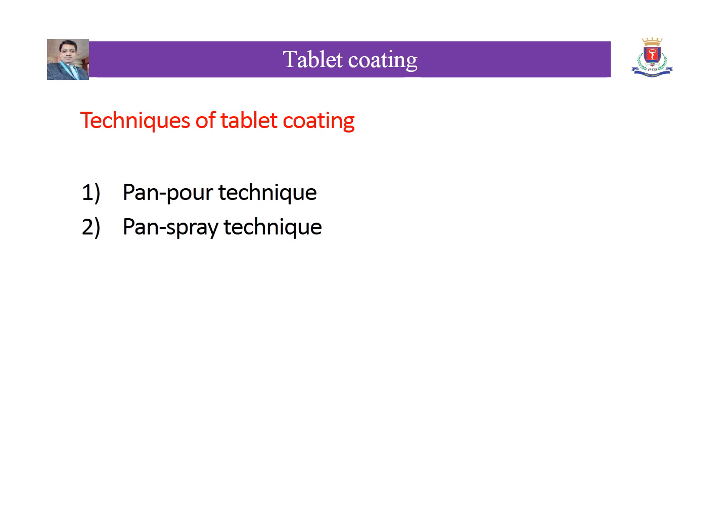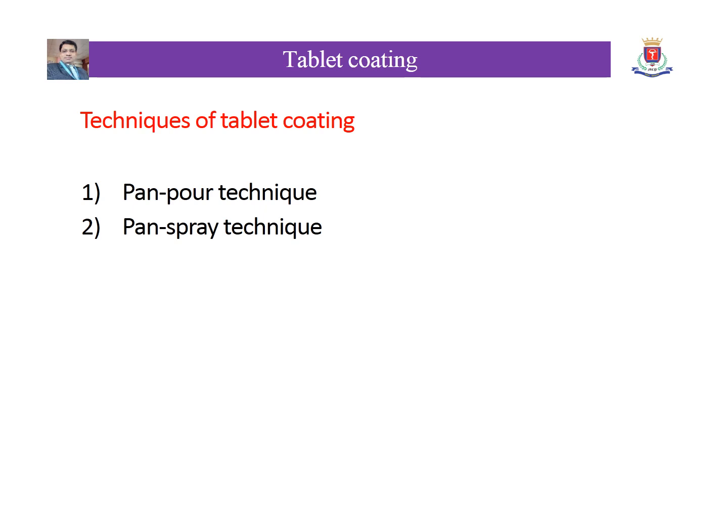Pan spray technique is one in which the coating composition is sprayed on the tablet bed with the help of a spraying instrument. Therefore, the coating composition is likely to get spread evenly on the tablet bed.